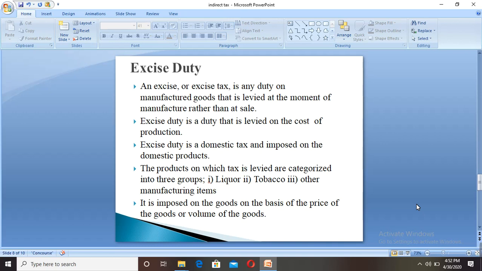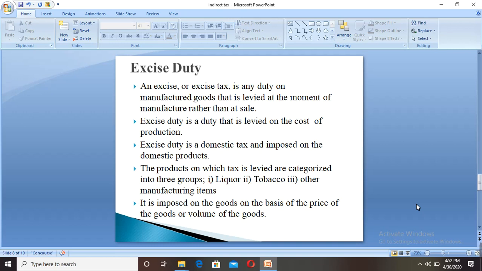It is levied sometimes on the price of the product, and sometimes on the volume of the goods as well. I can give you an example. Suppose cement. Government imposes excise duty on cement as per the volume or capacity of the industries and factories.